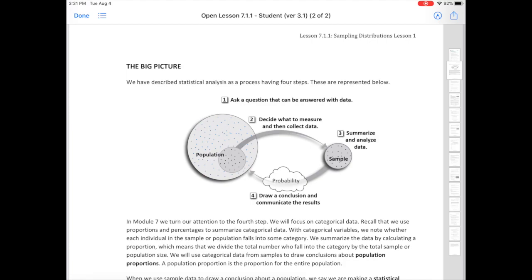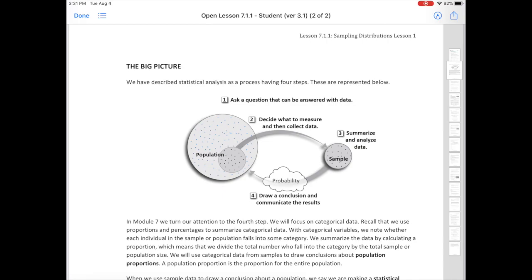Step 2 is to decide what to measure and then collect data. Step 3 is to summarize and analyze the data. And step 4 is to draw a conclusion and communicate the results.